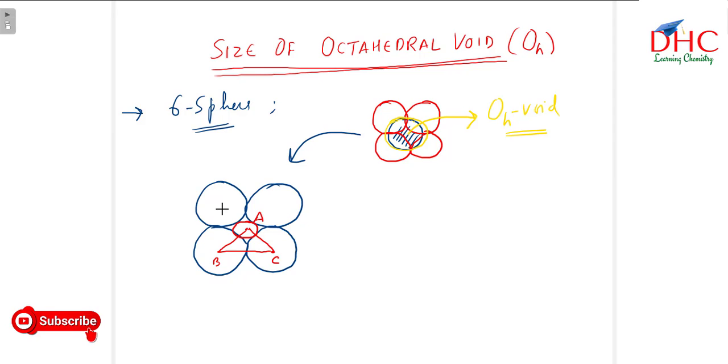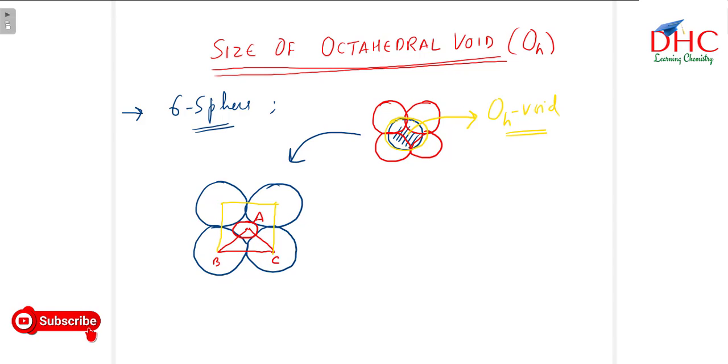Because अगर आप ये 4 spheres join करेंगे, it forms a square, and you know that the diagonals of a square bisect each other perpendicularly. So that means this point A जो यहाँ पे बनता है has the 90-degree angle, and you are getting a right angle triangle ABC.